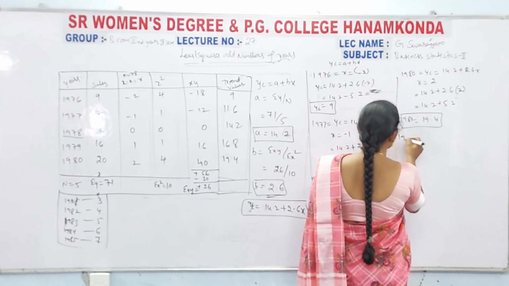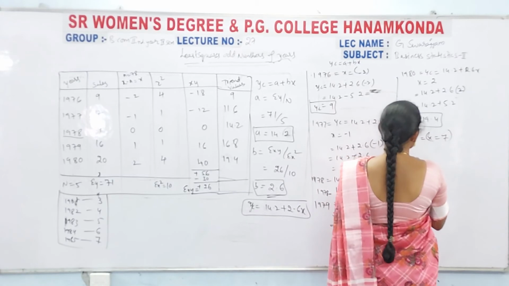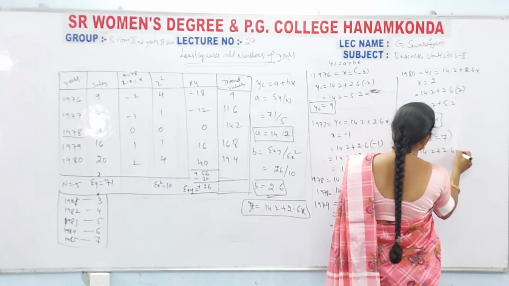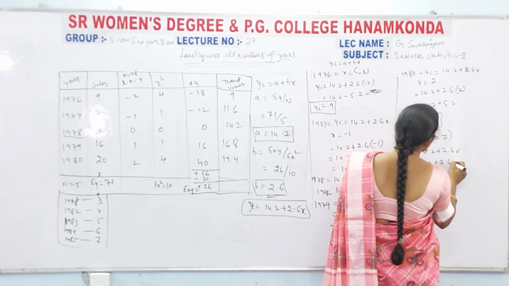For 1985, x is equal to 7. So substitute in YC is equal to 14.2 plus 2.6x. The x value here is 7: 14.2 plus 2.6 into 7.